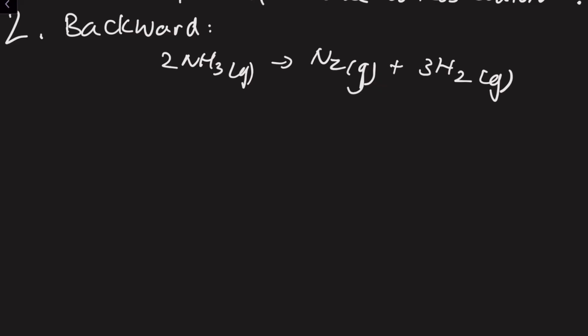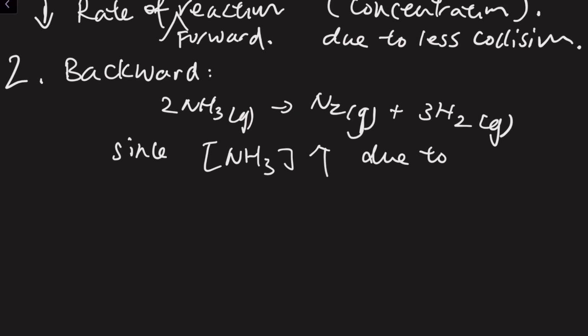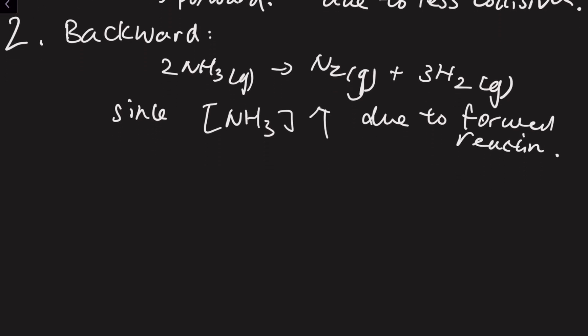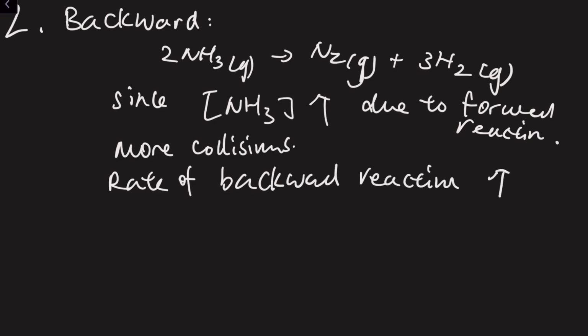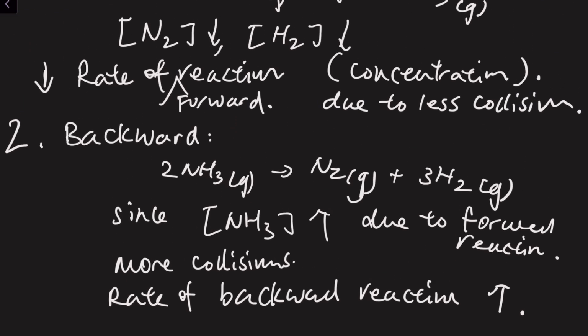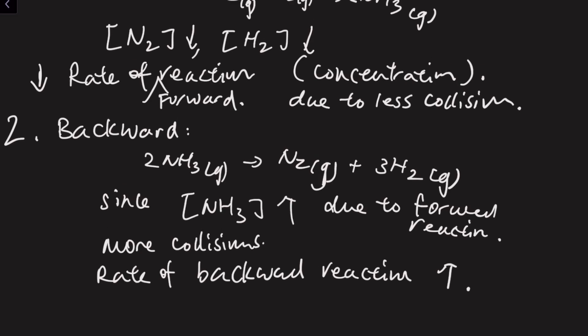So since the concentration of NH3 increases due to the forward reaction we have discussed earlier, we also have more collisions. And as a result, the rate of backward reaction also increases. So this is very interesting.